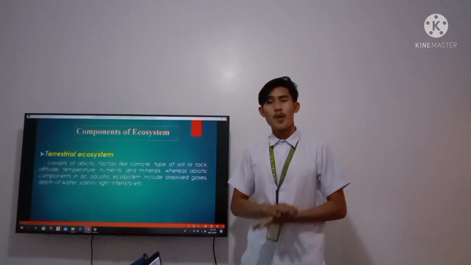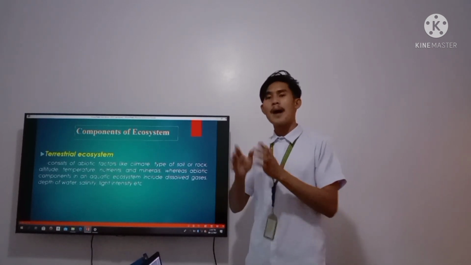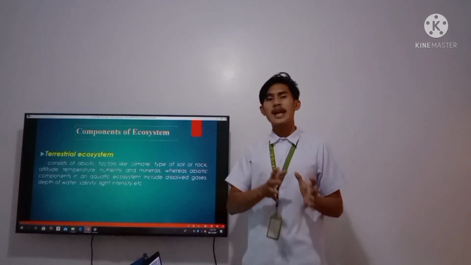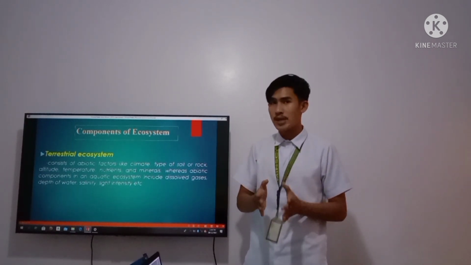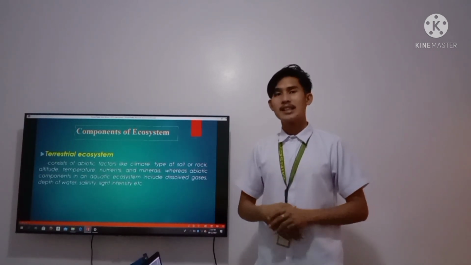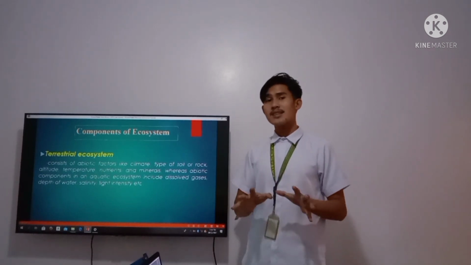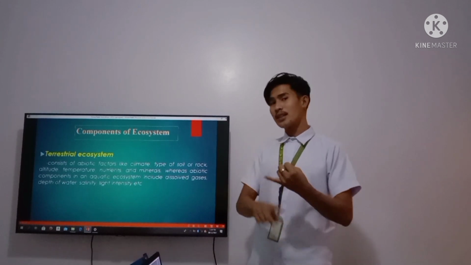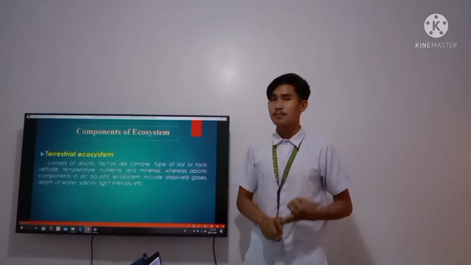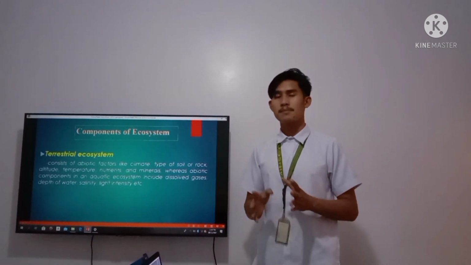So biotic components depend on abiotic components for their survival and help in the formation of abiotic factors like soil and nutrients. So that's the components of the ecosystem: the biotic components, the abiotic components, and the terrestrial components.